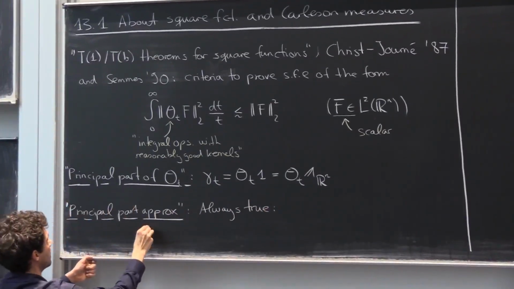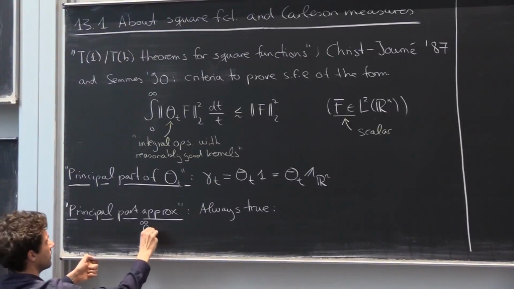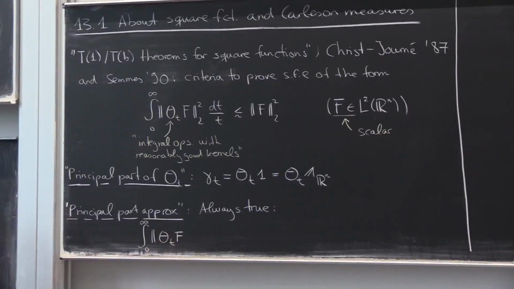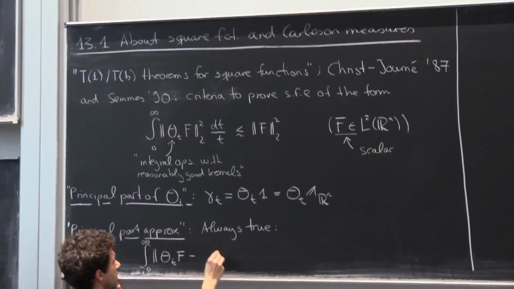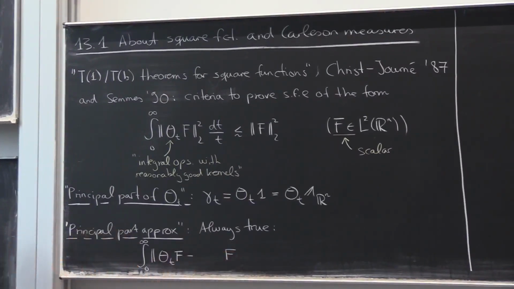The principal part approximation says that the following square function estimate is always true, always in their setting. Namely, I can take an integral from 0 to infinity, and then I'm going to take theta t of f, but I'm going to subtract off something. Instead of applying theta t directly, at each scale t, I'm going to average it. So at scale t, I'm going to obtain a function that is constant on every dyadic cube of generation t.